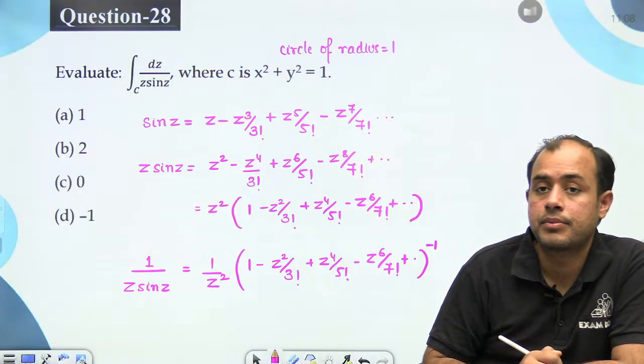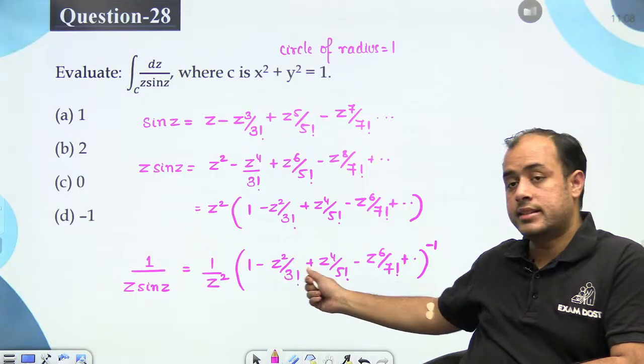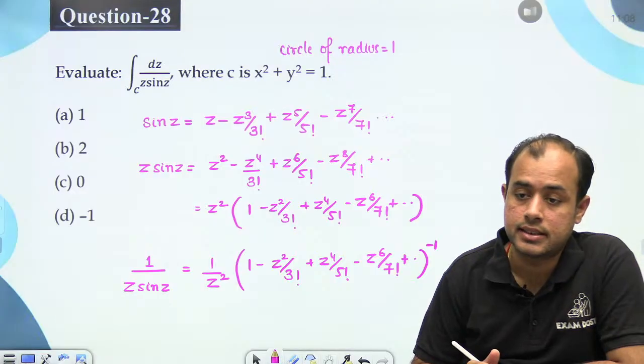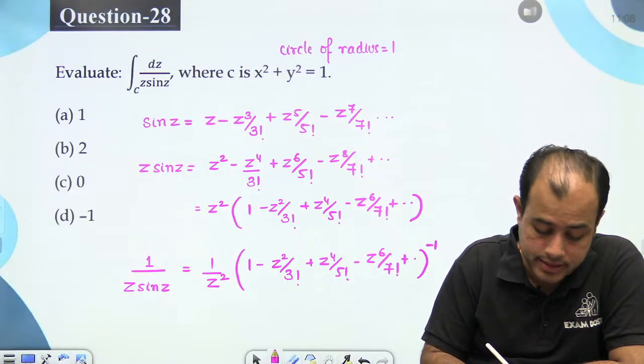power minus 1. Now this power minus 1, this is like 1 minus x inverse.